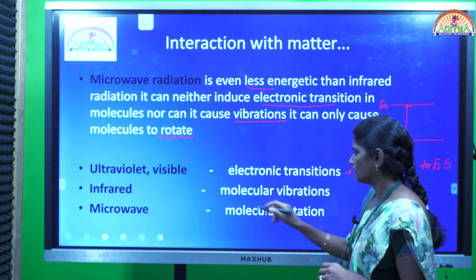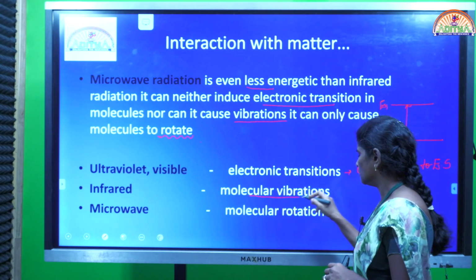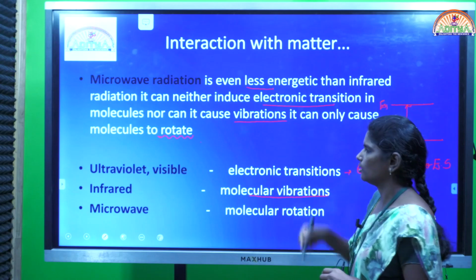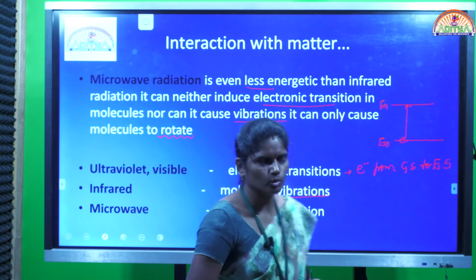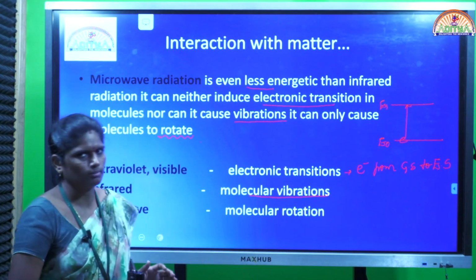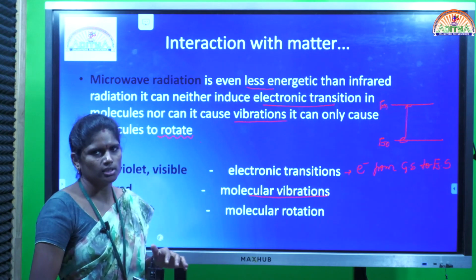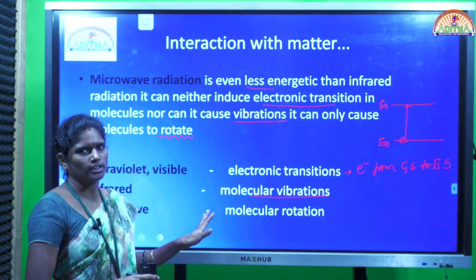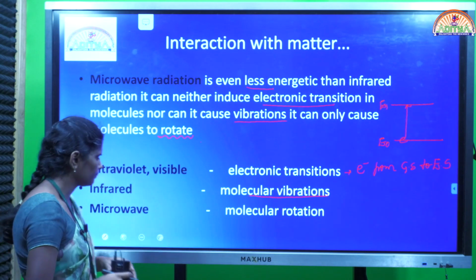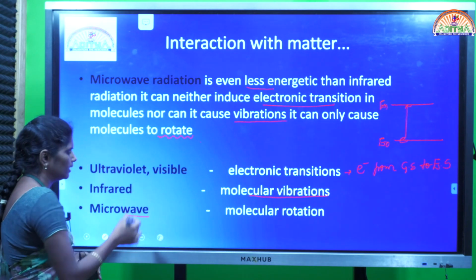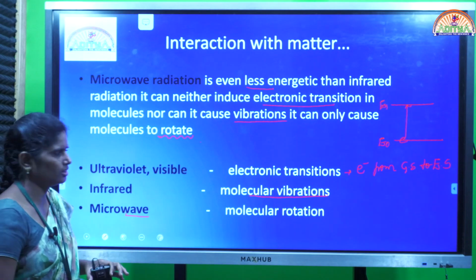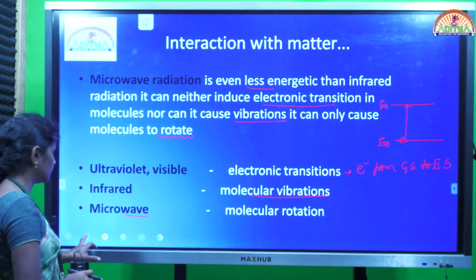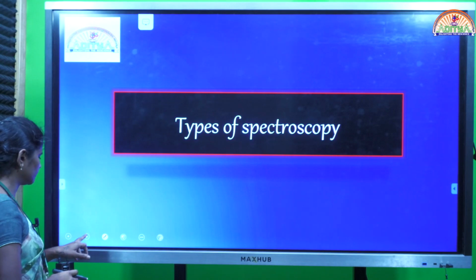And in the case of infrared radiation, which has less energy when compared to UV or visible, it is known to cause molecular vibrations. So vibrational changes will take place in the sample molecules upon interaction with IR radiation. And microwave, being the less energetic radiation, will only cause rotations in the sample molecules.